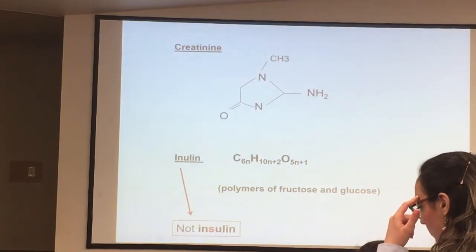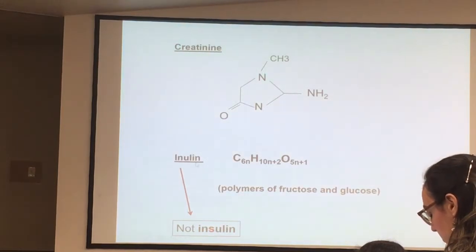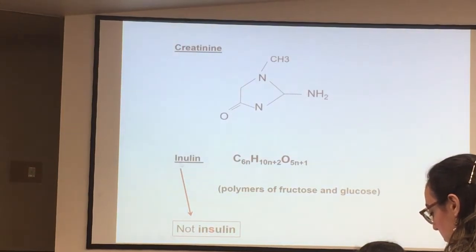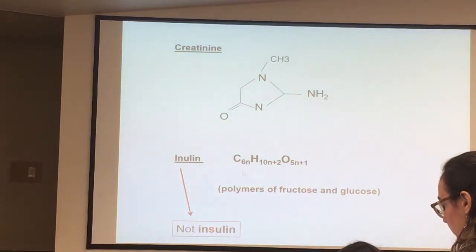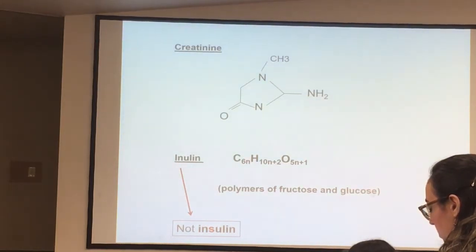Now I will tell you why we don't use inulin. Be careful, inulin is not the hormone insulin, okay, it's different. Inulin is without the S. Insulin is a polypeptide. Inulin is a polymer of fructose and glucose, a little background, you know, 5 carbon and 6 carbon sugar.